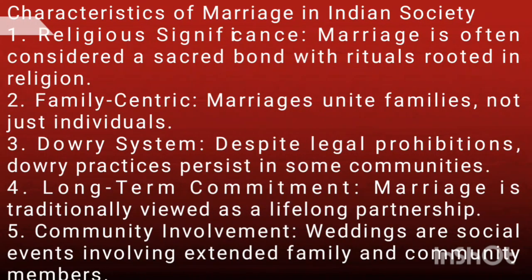And characteristics of marriage in Indian society: Indian marriages are deeply religious, family centered, and often involve community participation. While traditionally viewed as lifelong commitments, challenges such as the dowry system and evolving societal norms influence marital practice.